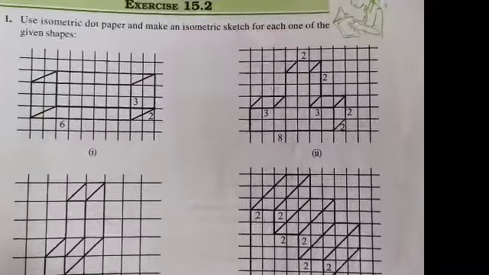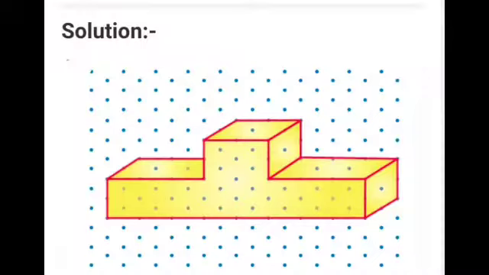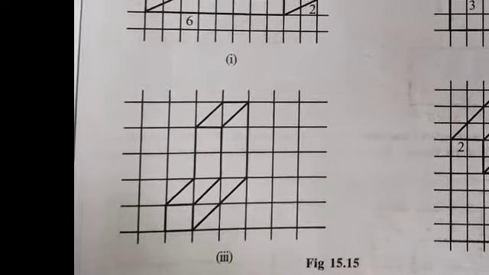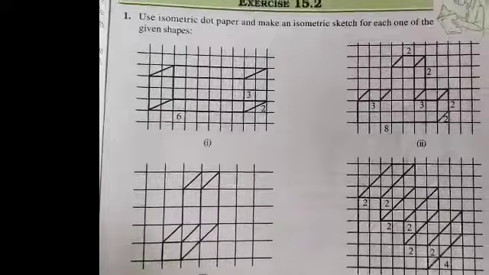Let us see the next sum, of which you have to draw an isometric sketch. See, according to the question, you have to leave the number of dots so that there is a gap of such length, and through which we can easily construct such a figure. Let us see sum number 3, how to construct the isometric sketch.